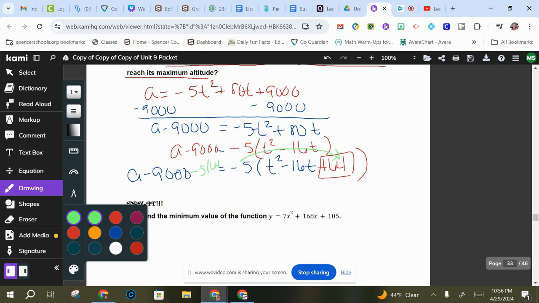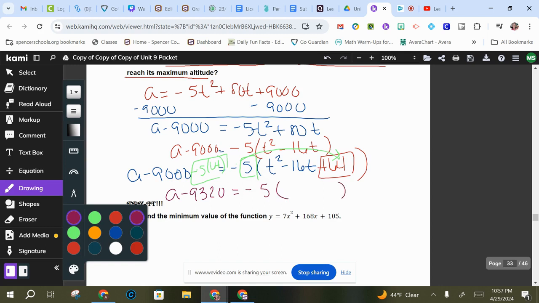You can put that in your calculator, or just leave it so you can visually see that you put the same thing in both sides. So in my calculator, I'd take -9,000 minus 5 times 64, and I'd end up with -9,320.